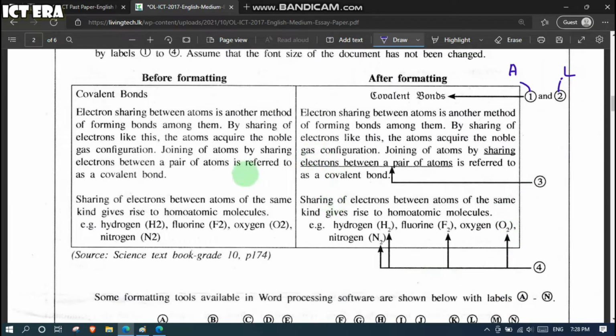Okay, then next one, electrons between a pair of atoms. Before formatting it isn't underlined, but after formatting it is underlined.